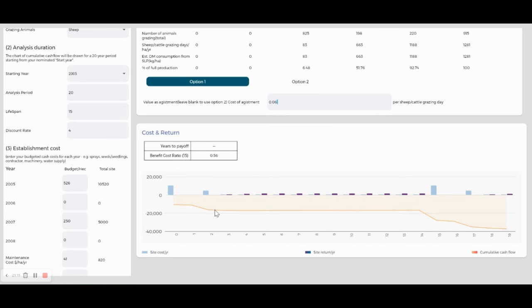So we see that our yellow line, which was the cumulative cash flow, is not as negative as it was before, but it's not positive either. So the saltland pasture is not giving you a return on investment.